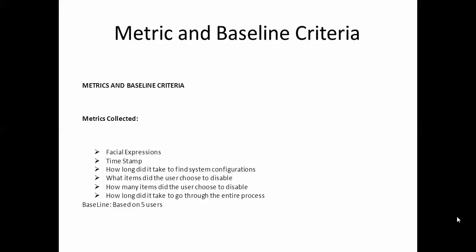All right, some of the baseline metrics that I used were the facial expression, which helps me to determine whether or not the user is confused, or happy, or any type of expression can give some sort of information as to what the user is thinking or going through.